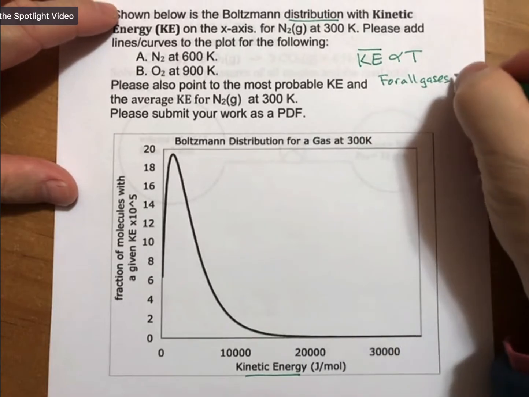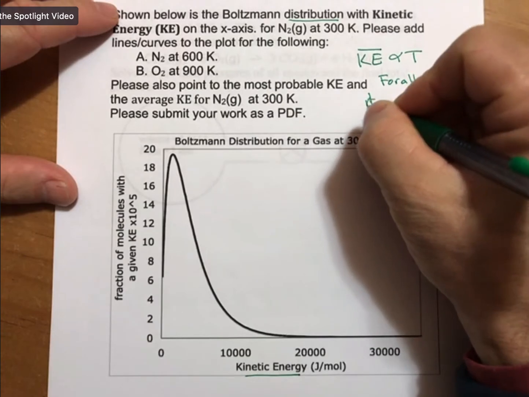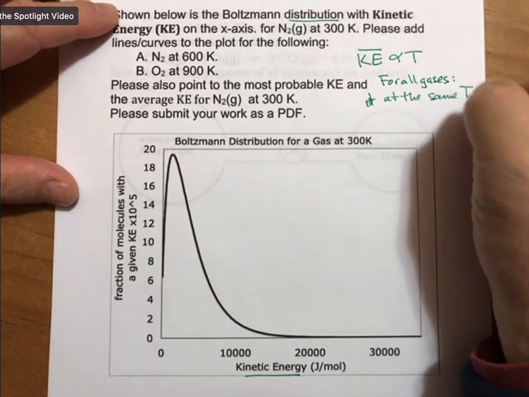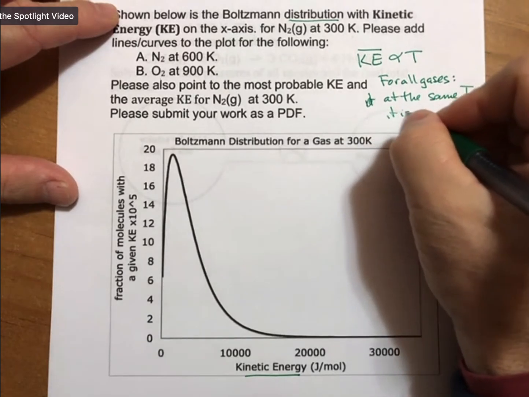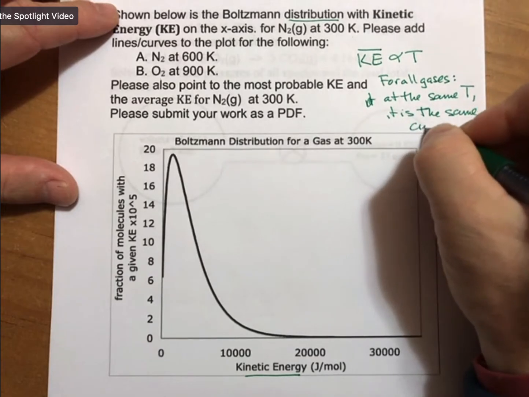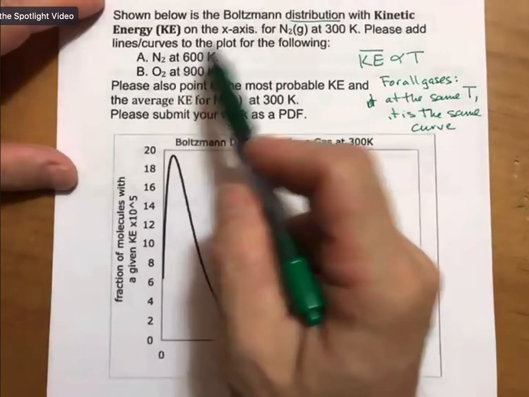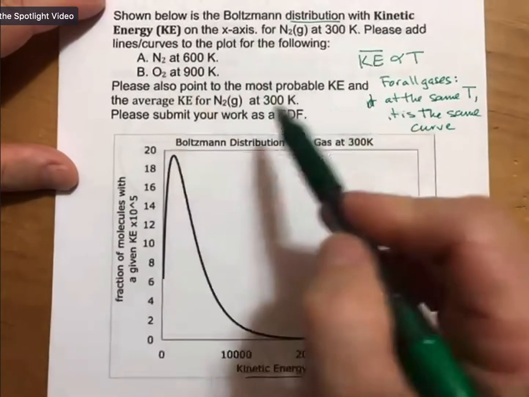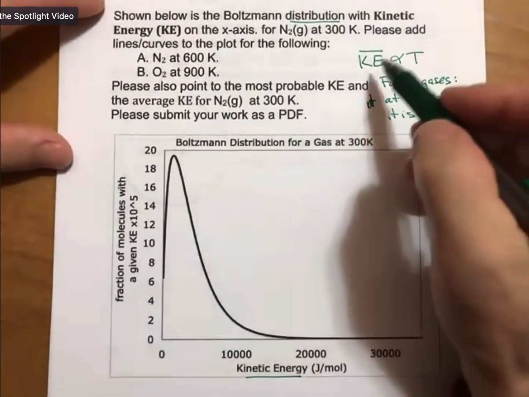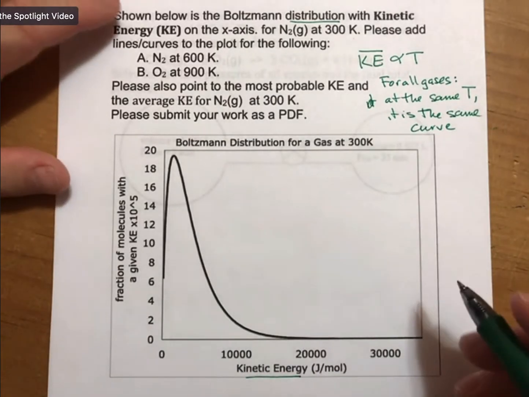So, for all gases, at the same temperature, it is the same curve. So it doesn't matter really whether I'm asking about nitrogen or oxygen or carbon dioxide or krypton. If kinetic energy is on the x-axis, the curves are all the same.